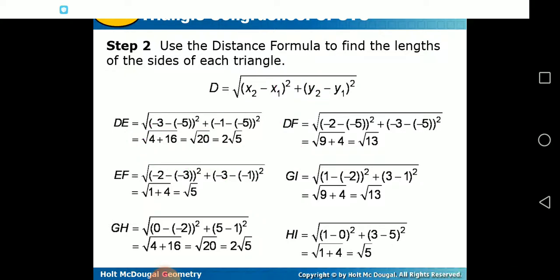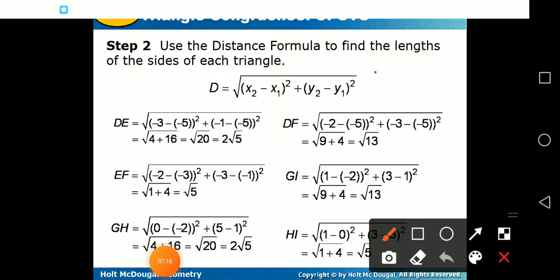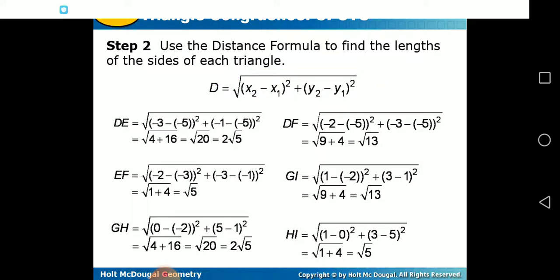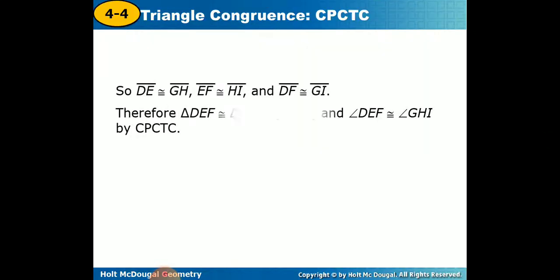Then what should I do? I will substitute in my formula, all squared under the square root. Then I will get the answer, and this quarter we are using the calculators, it's okay.